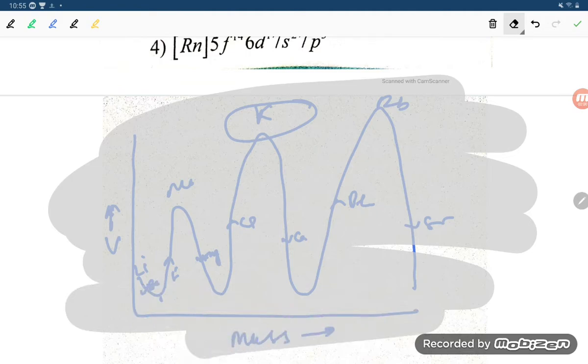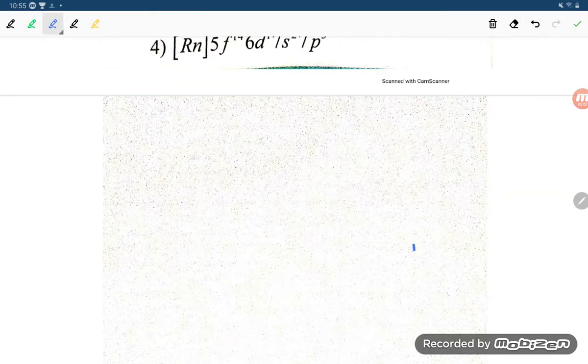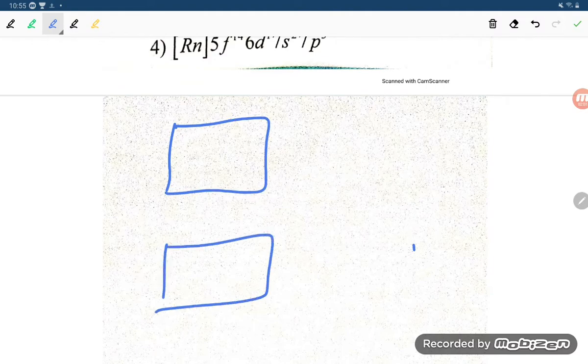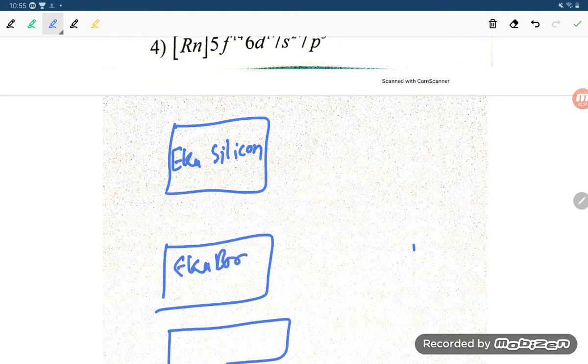He left some places for newly coming elements. He left three places and named them: one place was Eka silicon, another was Eka boron, and another vacant place was Eka aluminum.